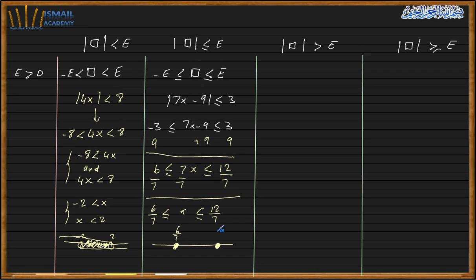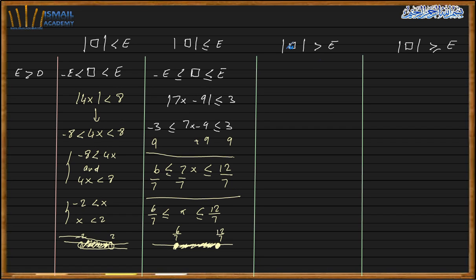The third case, the absolute value is greater than e. So we have the absolute value of the expression is less than minus e or greater than e.